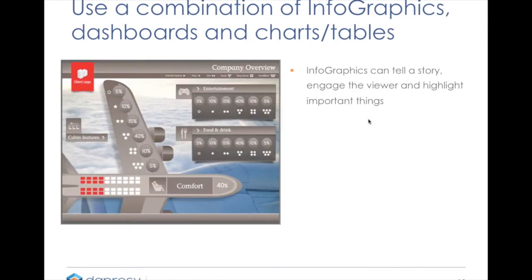You should use a combination of graphical reporting and more traditional charts and tables. When I pitch our software, since it's very flexible in the outputs, I always show pictures like this one, the airplane. An infographical approach, and infographics are very good when you want to tell a story or engage the viewer and highlight important things, like an overview.